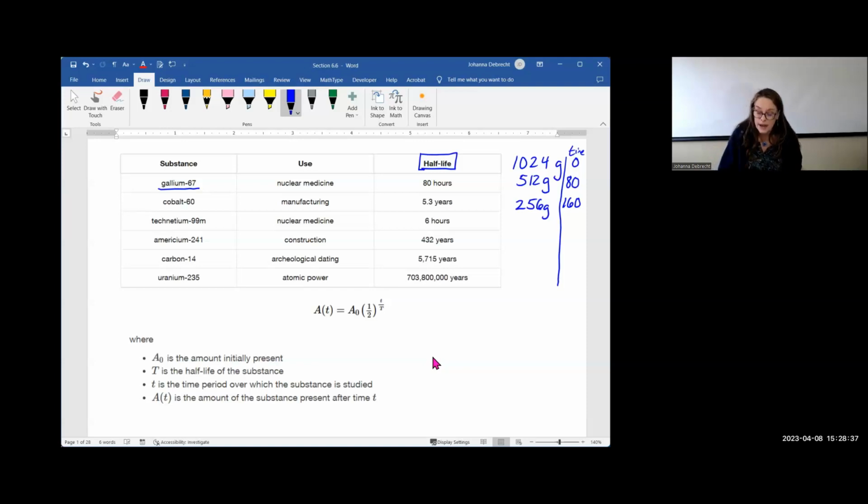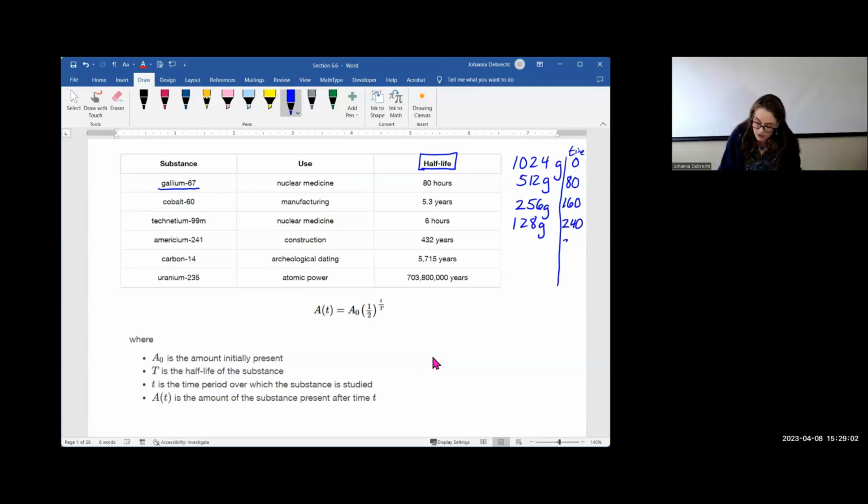Okay, so another 80 hours goes by. So now we're up to 240 hours, which is quite a few days. And half of the 256 is still radioactive. If I take half of 256, that's 128. So I still have 128 grams of radioactive material.